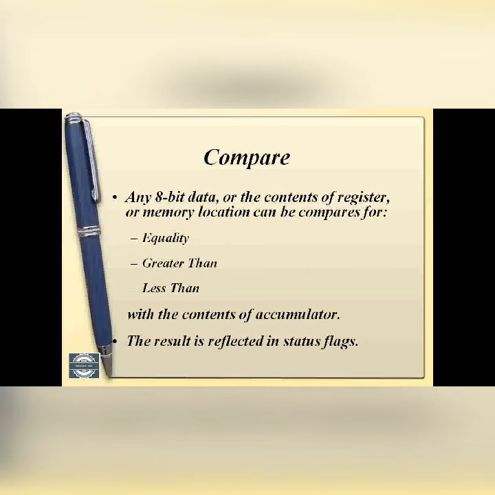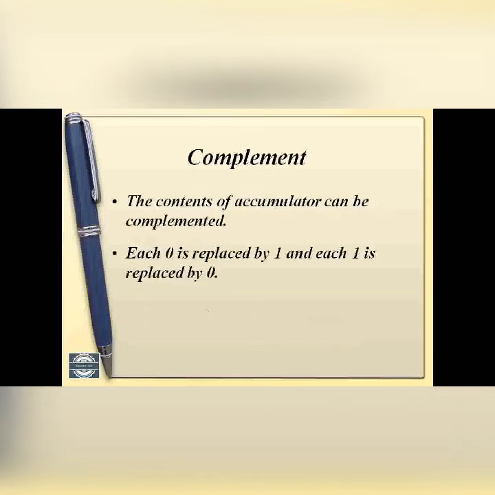Next, we have to discuss logical AND, OR, NOT, then comparison, then the complement part is coming. For the complement, we know that the content of the accumulator, whatever the values, will be replaced, 0 by 1, 1 by 0. That is nothing but complement.